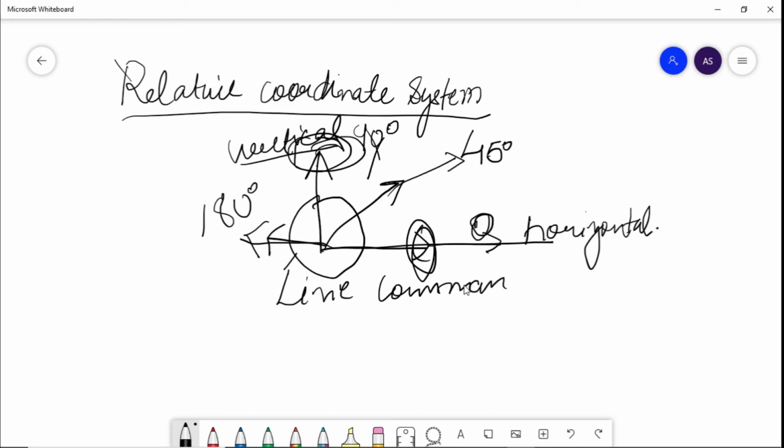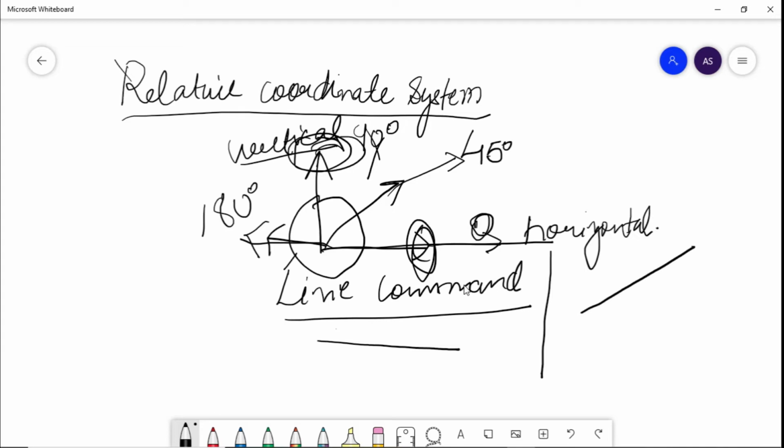And this line command can be used directly with the help of the cursor to draw a straight horizontal line, to draw a vertical line, to draw a line in the direction of 45 degree, to draw a line from a starting point in the direction of 180 degree, to draw a line from the starting point in the direction of 270 degree, to draw a line in the direction of 315 degree.